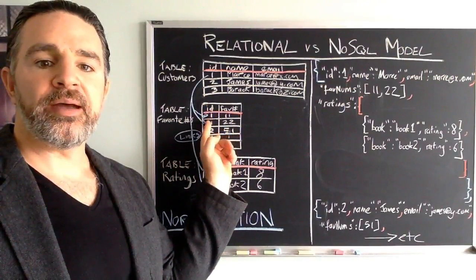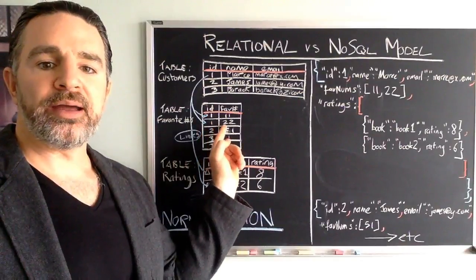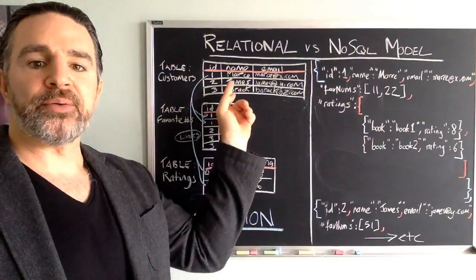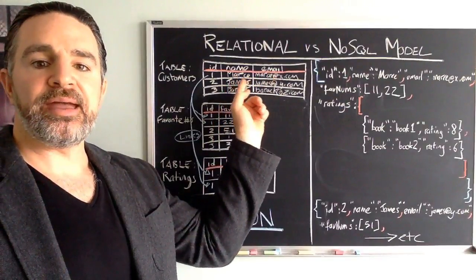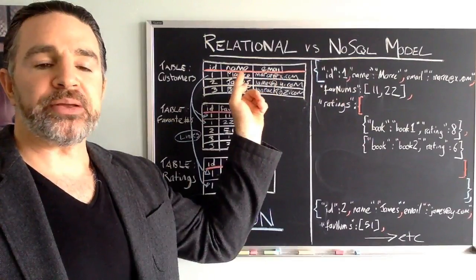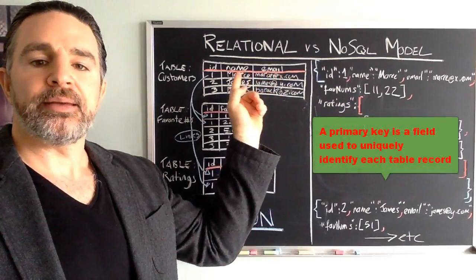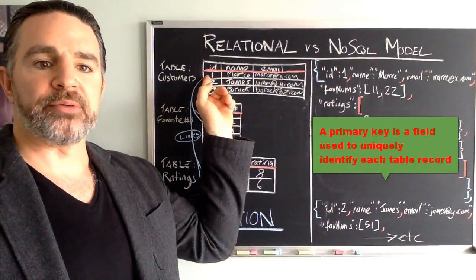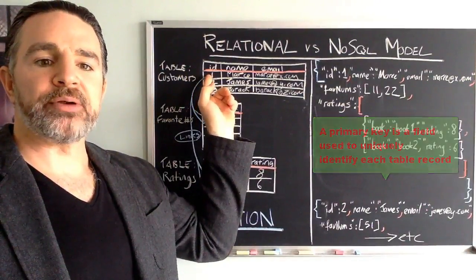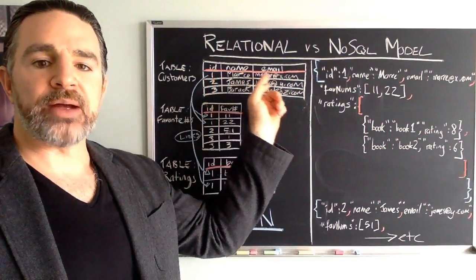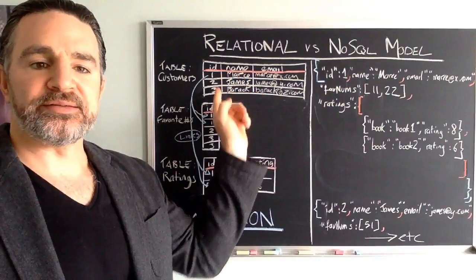So you can see here, Marcy with the ID of 1 has her 2 favorite numbers recorded, but we're still able to keep this here as a unique record here, which would be called a primary key. This would be the primary key. The ID would be the primary key. But we could make it a primary key because there is only one unique record for Marcy in the entire customers table.